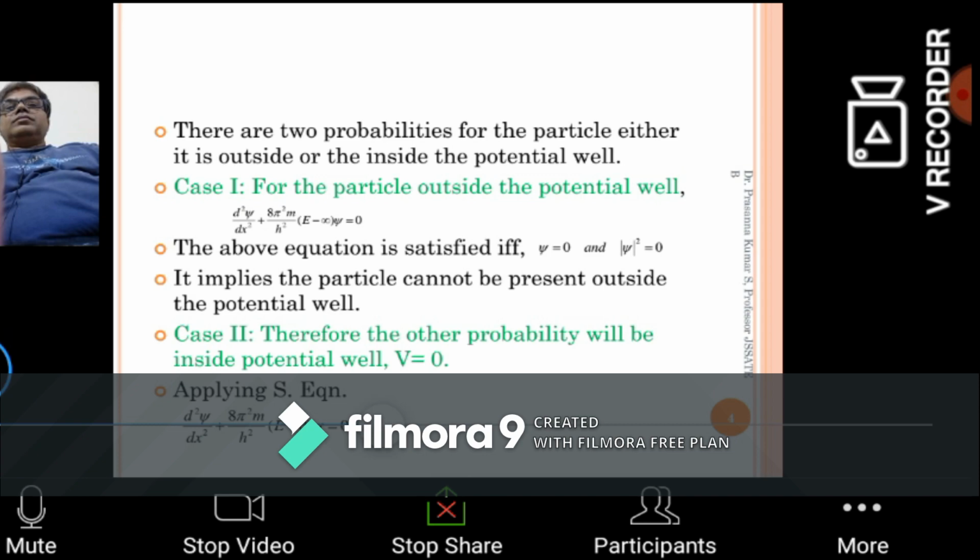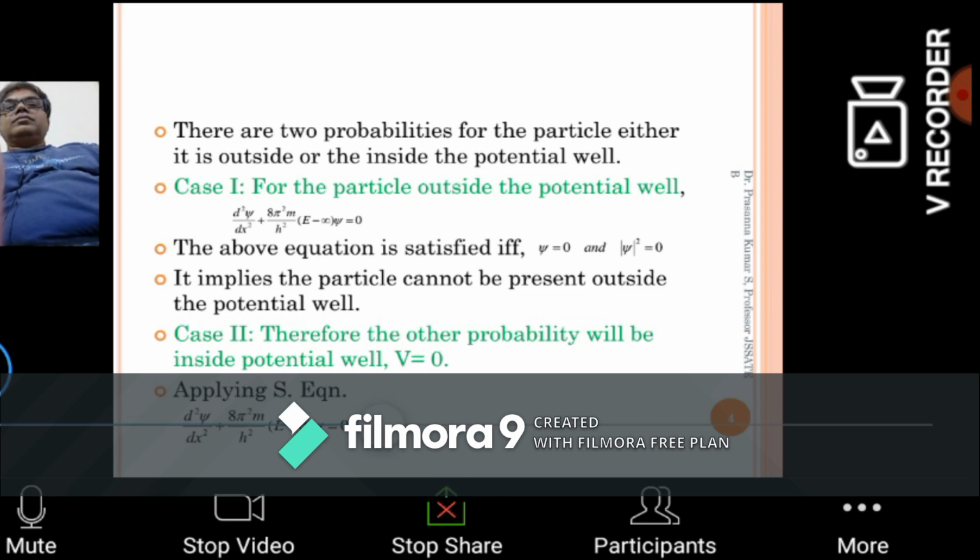Our exercise here is to get the wave function for the electron that is confined, that is bound to the atom. So we have two possibilities: the particle may be outside the atom, that is outside the potential well, or the particle may be stuck to the atom. So two cases are possible, isn't it?